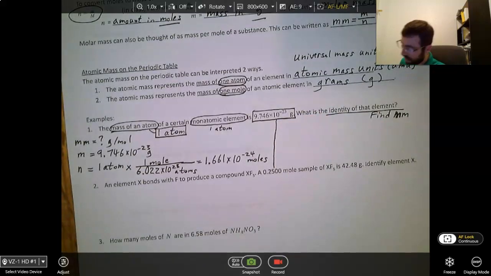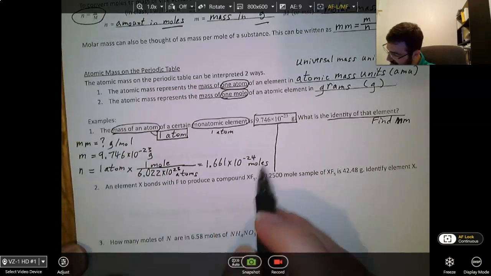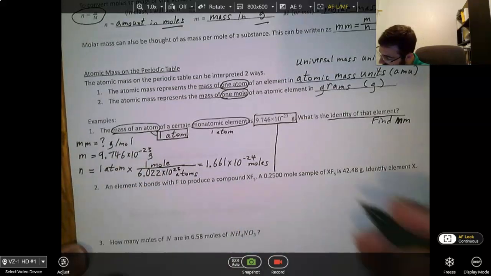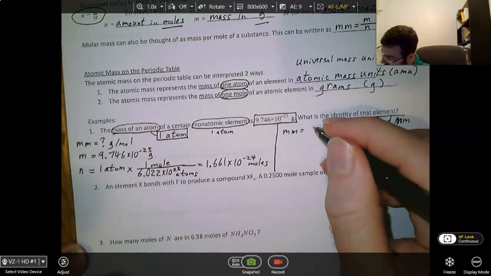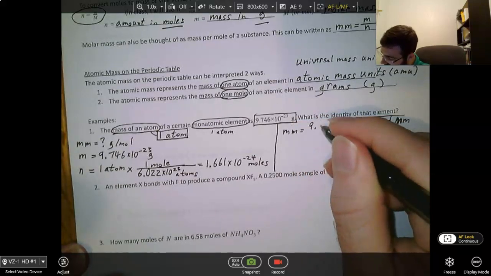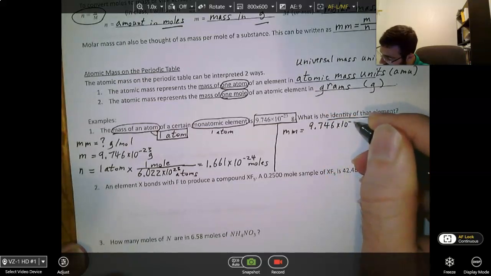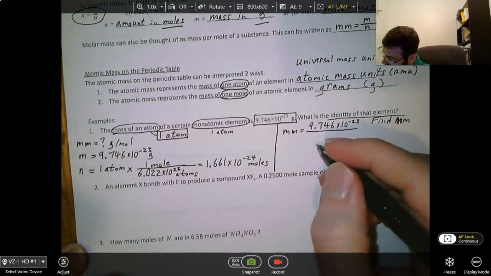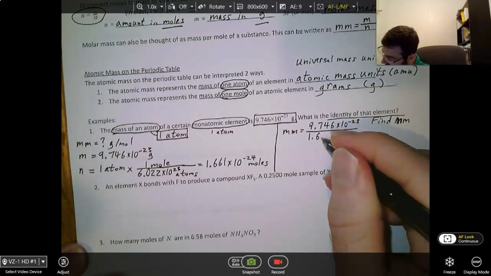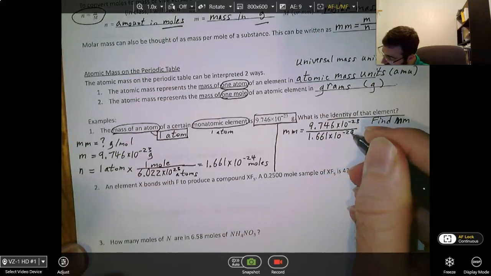What I need to do now is plug in grams and moles to find the molar mass. So molar mass equals 9.746 times 10 to the negative 23rd grams divided by 1.661 times 10 to the negative 24th.